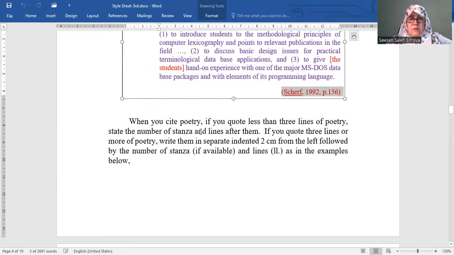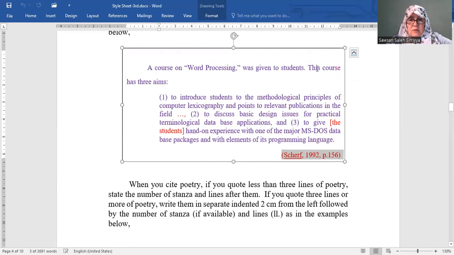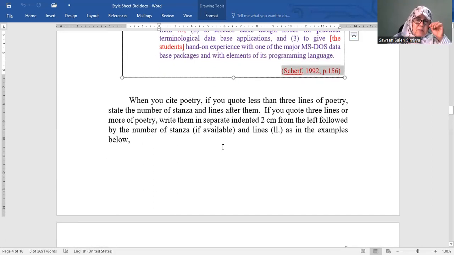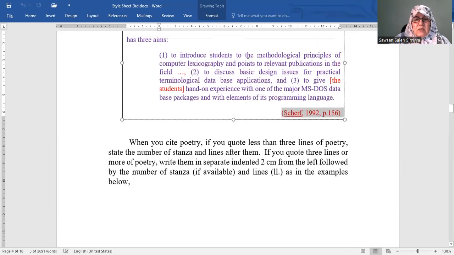When you cite poetry, now this is about ordinary writings. When you come to poetry or probably drama, Elizabethan drama or another drama, when you quote less than 3 lines of poetry, state the number of stanza and lines after them. If you quote 3 lines or more of poetry, write them separately, indented 2 centimeters, just like these.